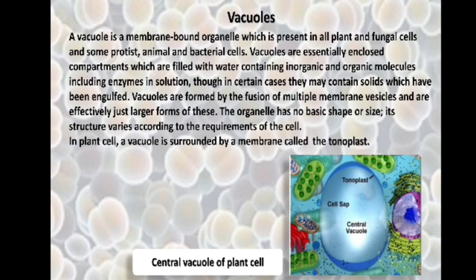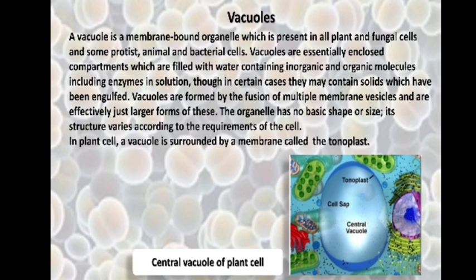In certain cases, they may contain solids which have been engulfed. Vacuoles are formed by the fusion of multiple membrane vesicles and are effectively just larger forms of these. The organelle has no basic shape or size. Its structure varies according to the requirements of the cell.